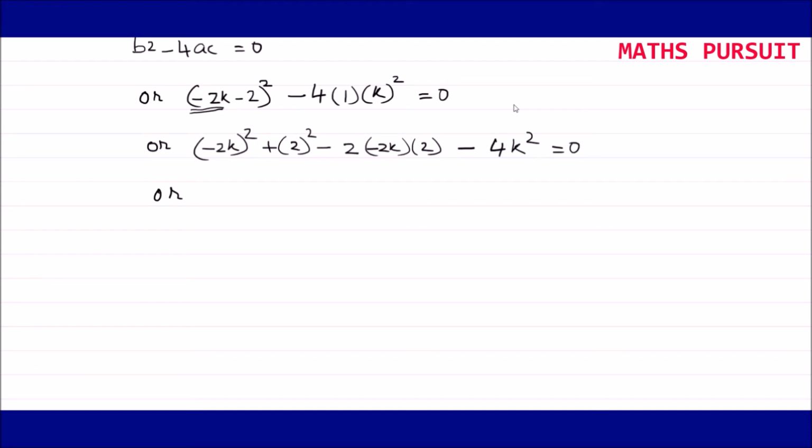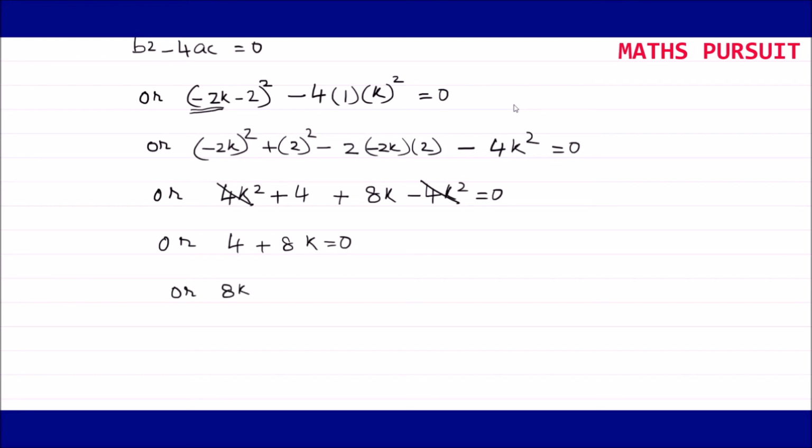So minus 2k whole square is 4k square, plus 4, minus 2 times minus 2k, which will become plus. So 2 fours are 8, 8k, minus 4k square is equal to 0. You can see that we have 4k square positive and minus 4k square negative, so we can eliminate these two. And we are left with 4 plus 8k is equal to 0. Or I can write 8k is equal to minus 4.